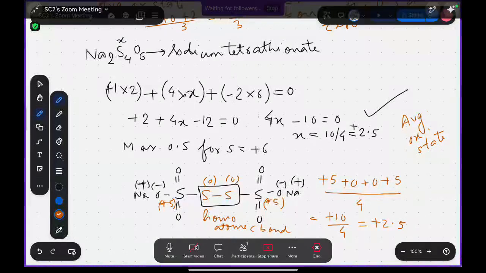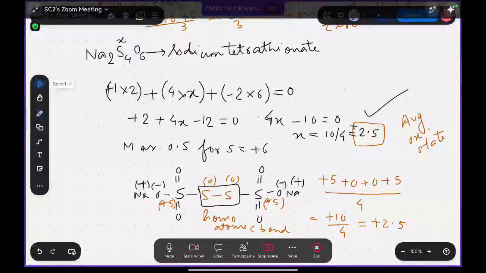It is not possible to predict the oxidation state of all the sulfur atoms through the average oxidation state. The average oxidation state will give you an overall picture. So to know the individual oxidation state, which atom carries which oxidation state, you need to know the structure. Whenever the oxidation state comes out in fraction, you need to know the structure.